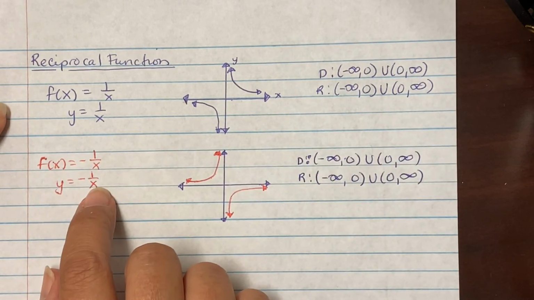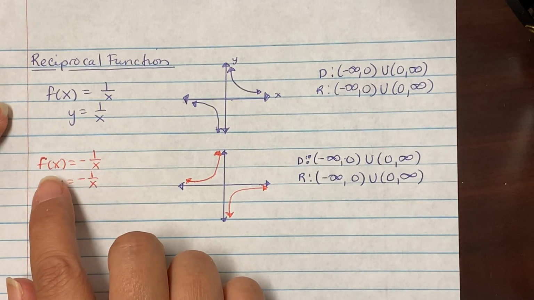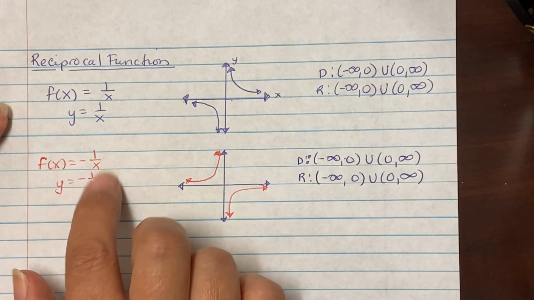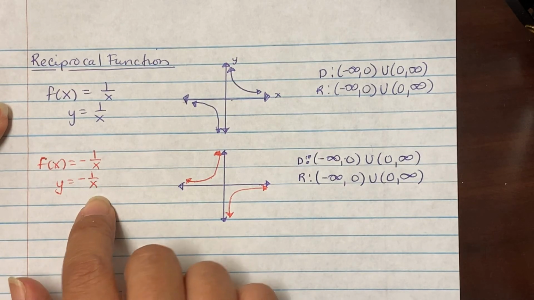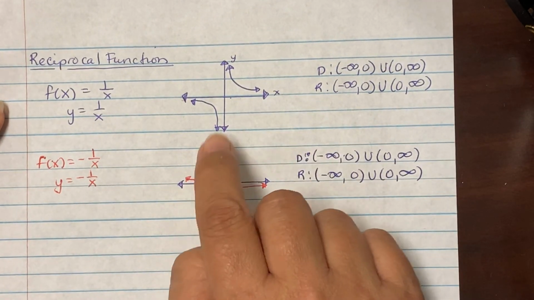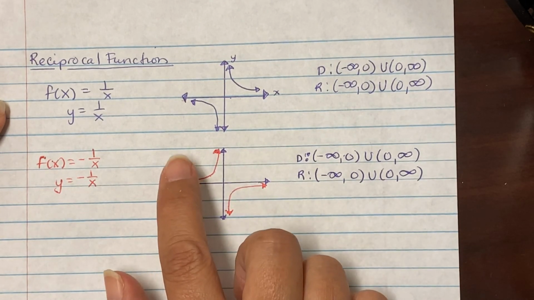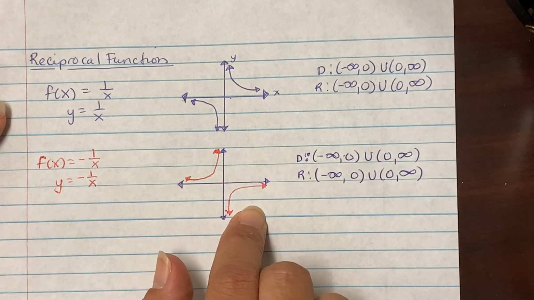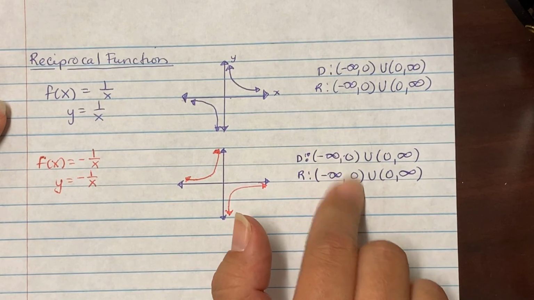The same happens with the reciprocal function's reverse, the mirror image. Your reflection is f of x equals negative 1 over x, or y equals negative 1 over x. Notice the difference between positive 1 over x and negative 1 over x. Negative 1 over x is now in quadrant 2 and quadrant 4. But the domain and range stay the same.